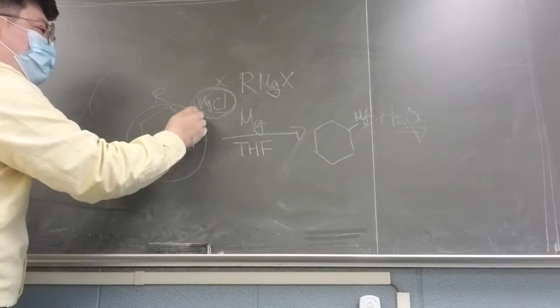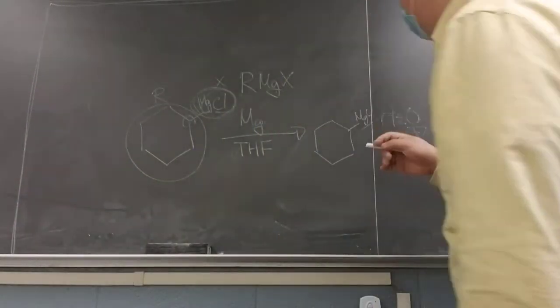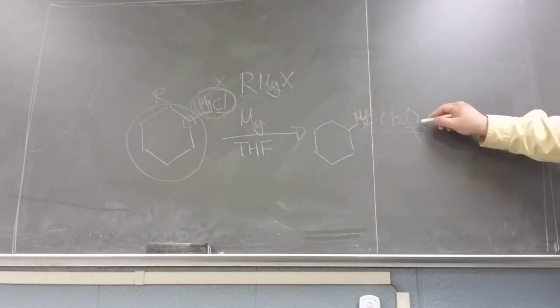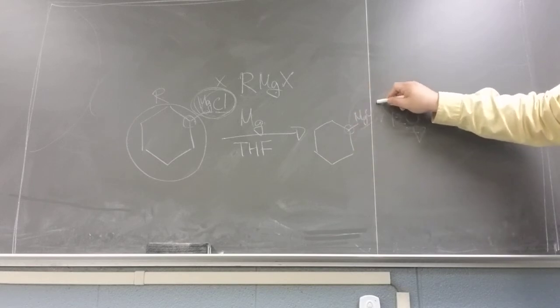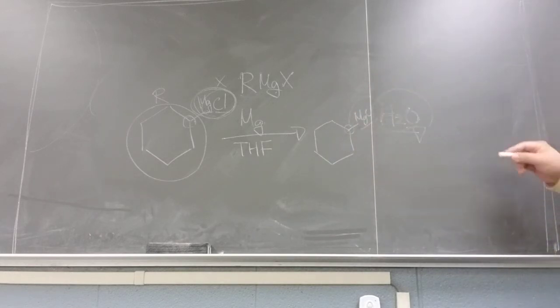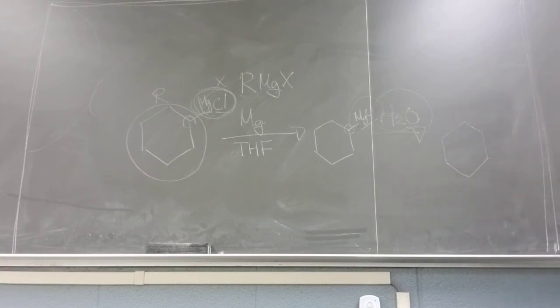Compared to carbon, magnesium doesn't compete with it for the electron density there. So what it does with the water is this carbon can now grab the hydrogen, and they just become cyclohexane and leave like that. Okay.